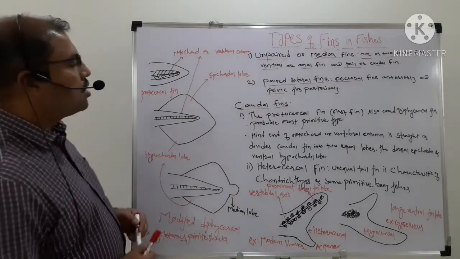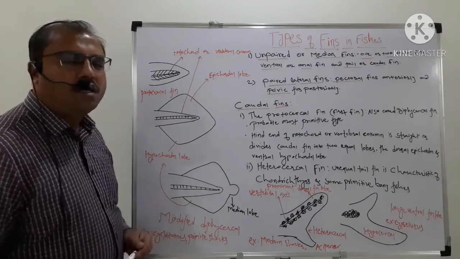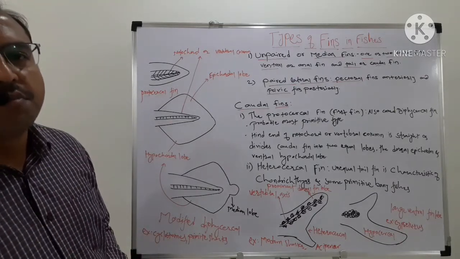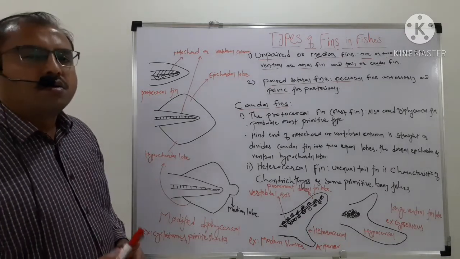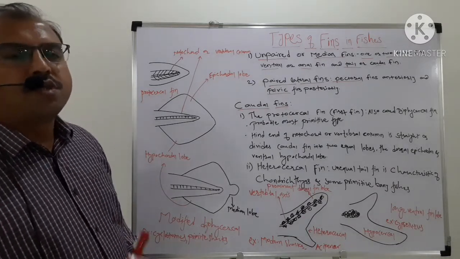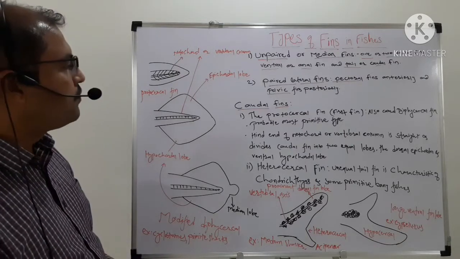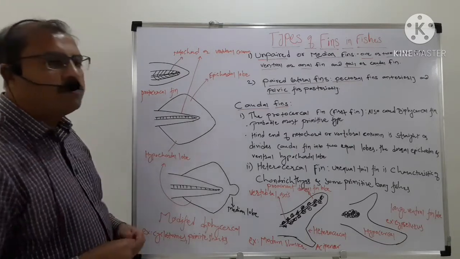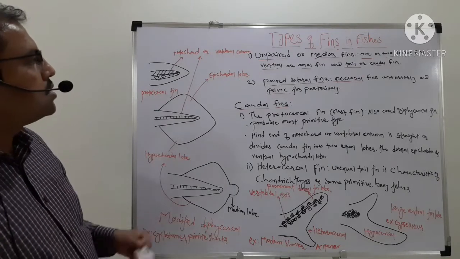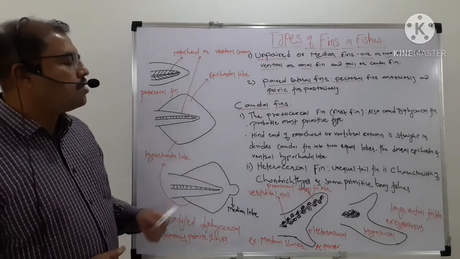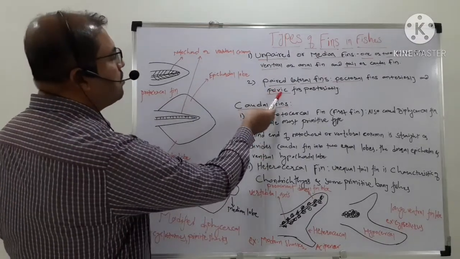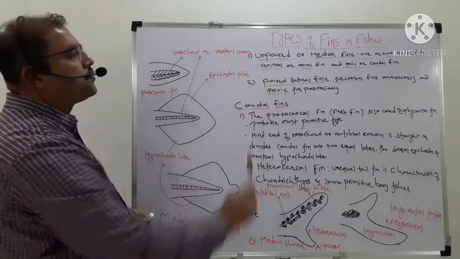But in the caudal fin, there is a very huge and vast diversity in Pisces, as their structures are very dissimilar in different groups of fishes, and that we are going to deal with along with these types of fins. There is much more diversity in the caudal fin as compared to the pectoral, pelvic, ventral as well as dorsal fins.